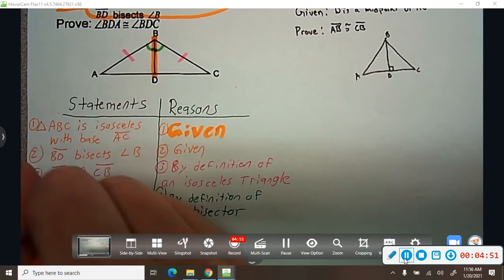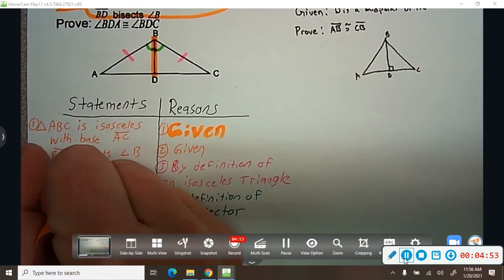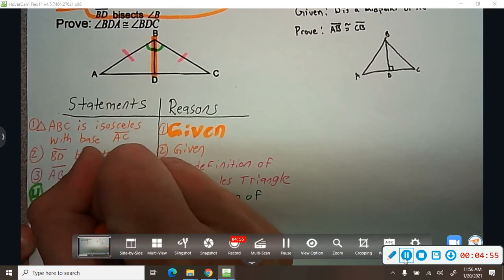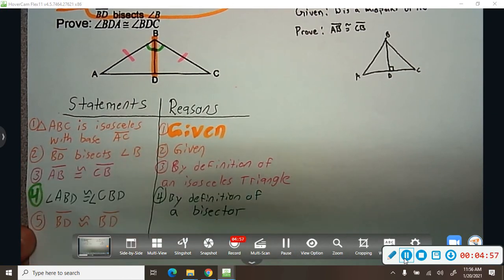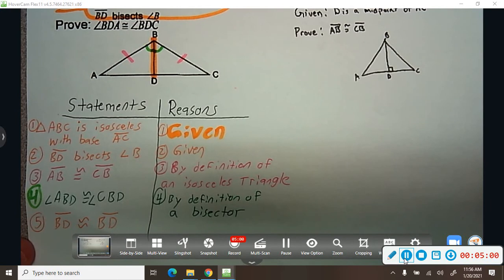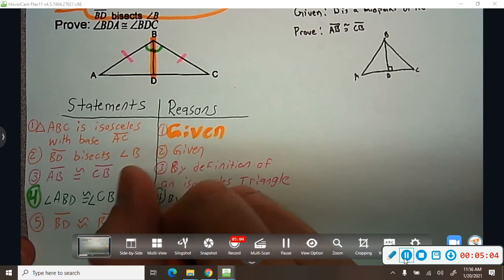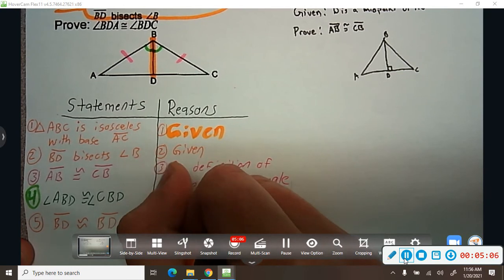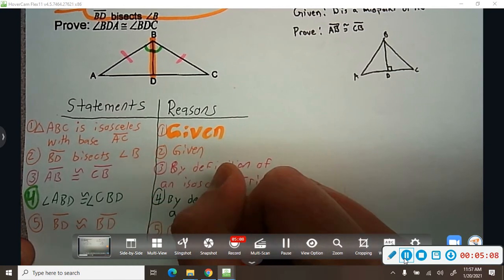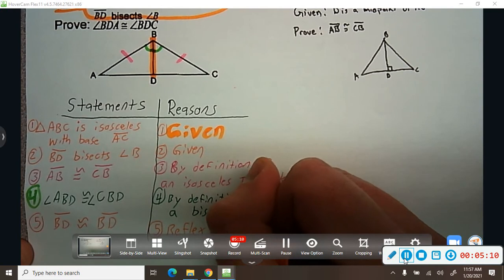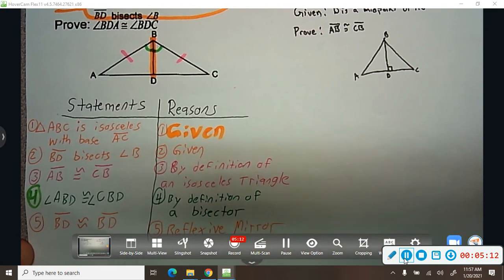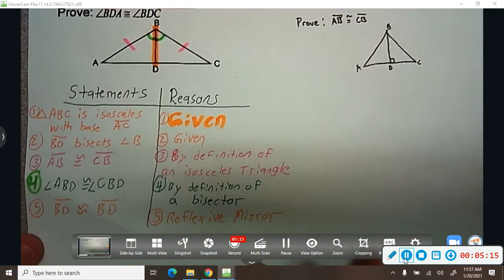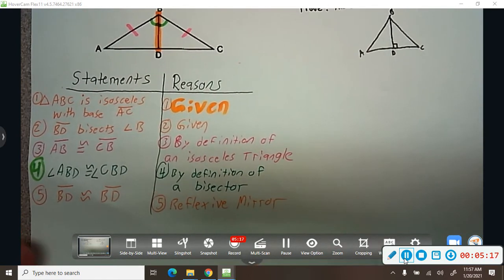So I'm going to say BD is congruent to BD. And instead of saying that, there's actually a property in math. It's called the reflexive property. So if you look at yourself in the mirror, you see the same thing back, kind of the same idea. So I'm going to say reflexive property.